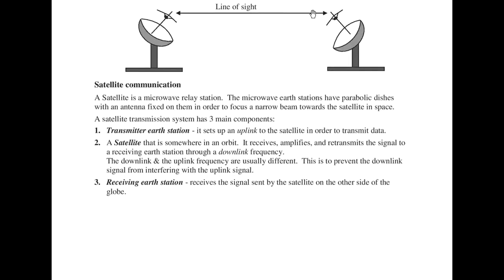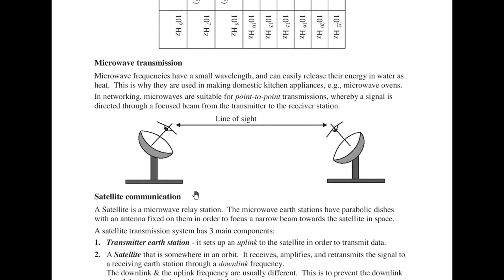If you look at these two microwave gadgets, they are seeing each other. There is no blockage. That's why we are talking about line of sight: these gadgets must be facing each other and there is no obstacle among them.